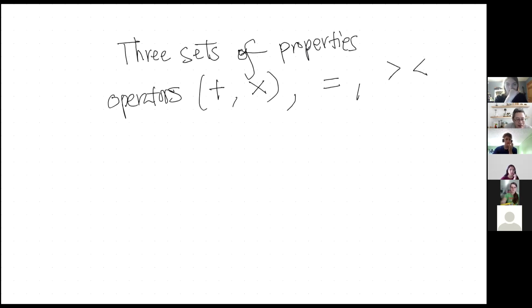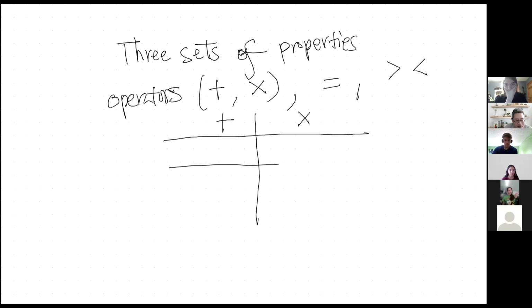As far as the operators go, addition and multiplication, we have A plus B equals B plus A, and A times B equals B times A.